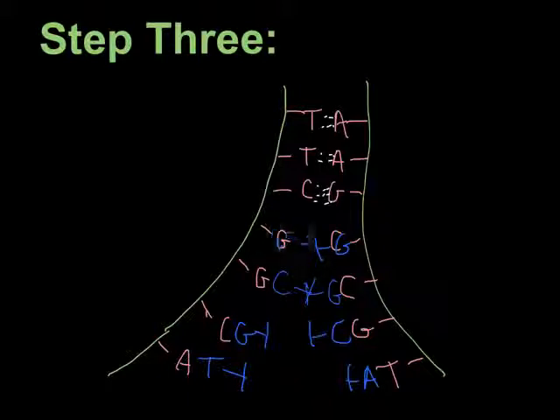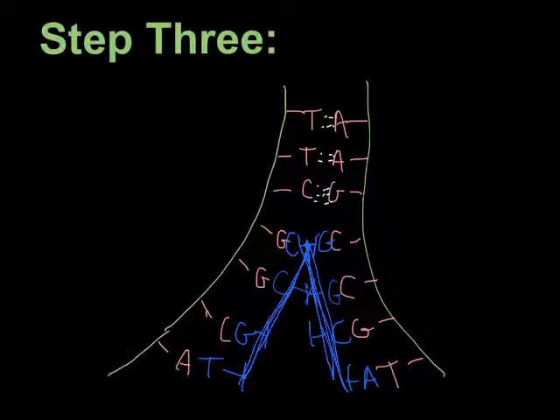That one's a little ugly, but that's alright. It's a C and a G right next to each other. And then what that molecule does is it pastes those molecules in by building the backbone and connecting the backbone between them.